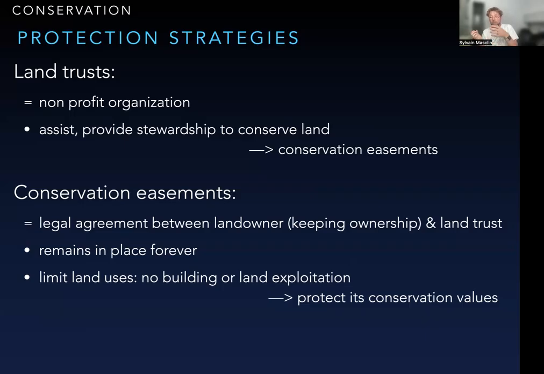As soon as those agreements, those easements, are signed, the protection will be enacted and will be in place forever. I don't know about the policies, but I think it is difficult to break such a contract. Once those easements are done, the land is protected, so you cannot build or extract anything from it because it's part of the conservation plan. So you're very limited.